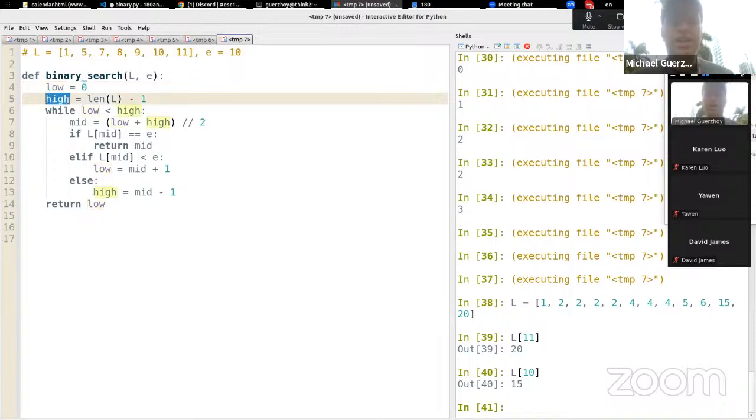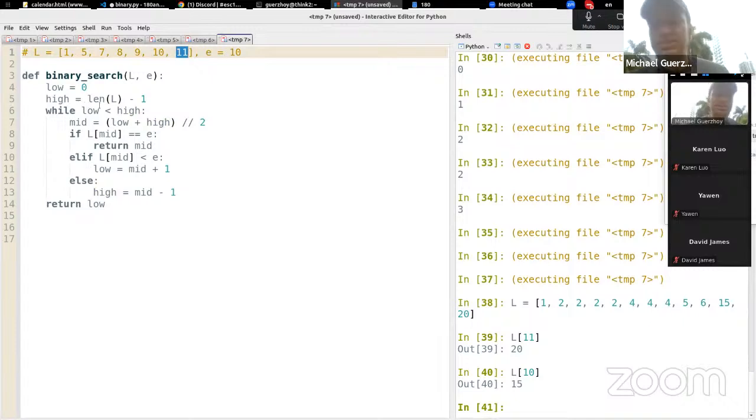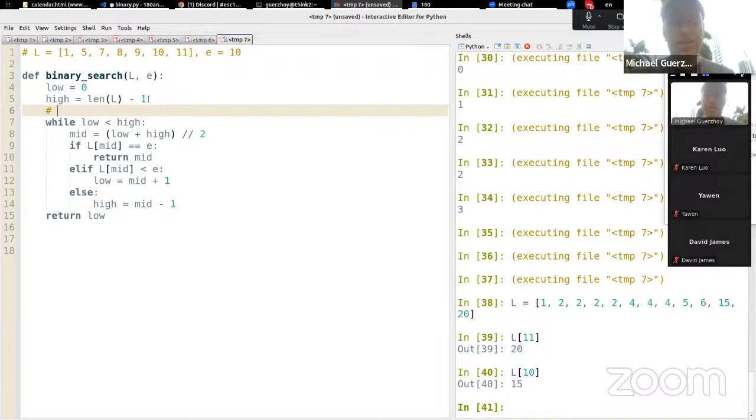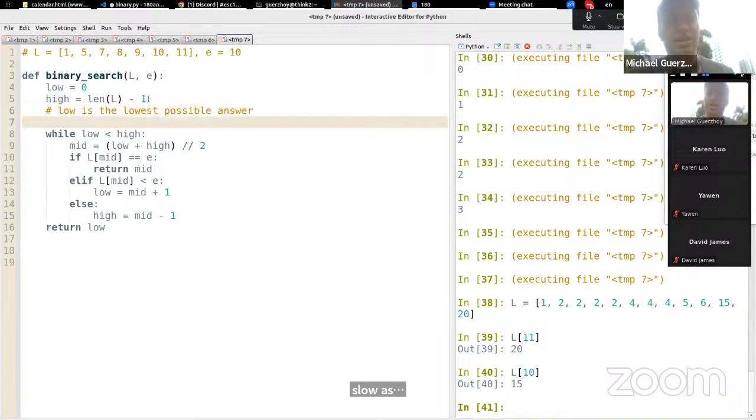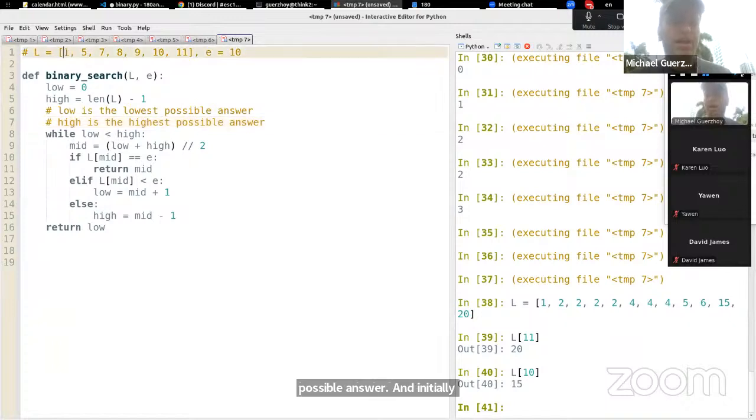And we'll define the index high, and initially that's going to be the index of the last element, the length of the list minus 1 because it starts with 0, right? So low is the lowest possible answer, and high is the highest possible answer. Initially, it could be as low as the location of the first element, 0. It could be as high as the location of the last element.